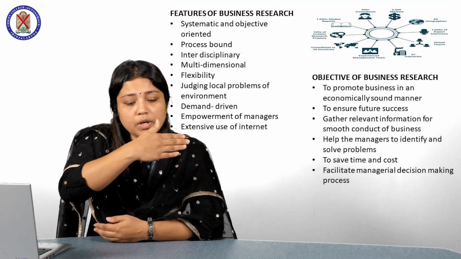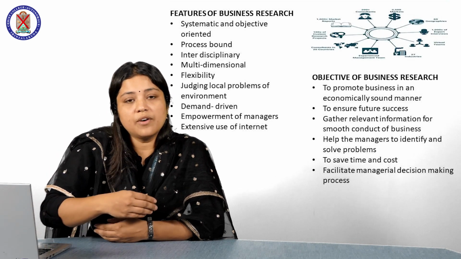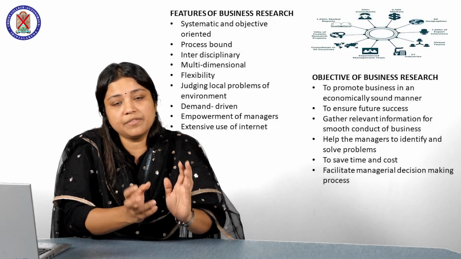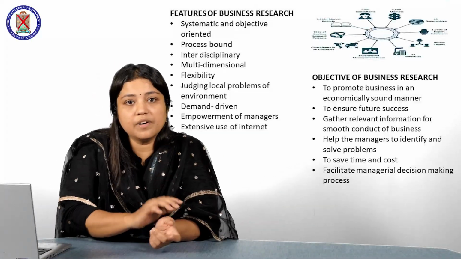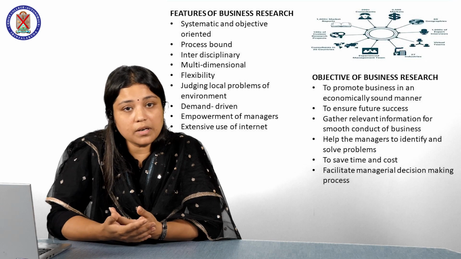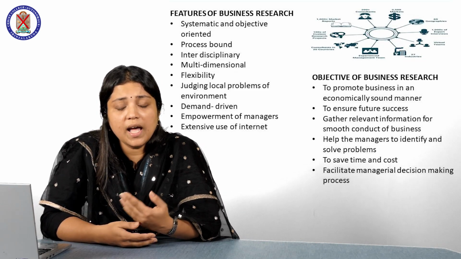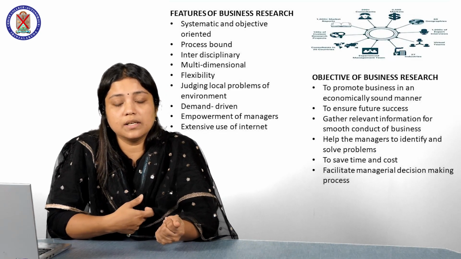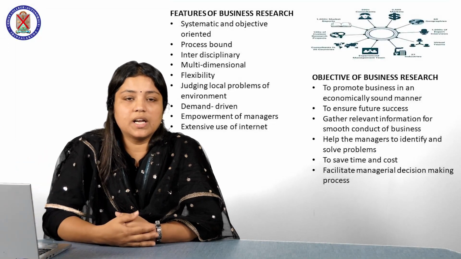In that we know sequential steps to be followed by the researcher to conduct a research. So after getting to the third step, we may find that the first step, the definition of the problem, has gone wrong. We need to redefine the problem. So it should not be rigid, it should be very flexible, it should always be demand oriented, and it helps to identify the environmental issues that we are facing.